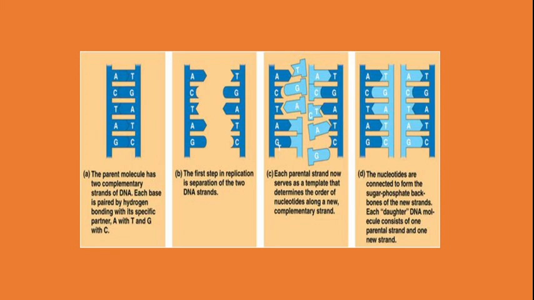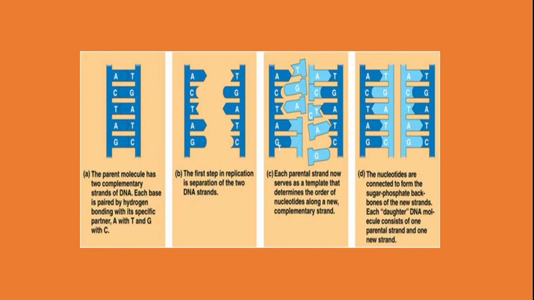Each parental strand now serves as a template that determines the order of nucleotides along a complementary base strand. Our dark blue is going to be our parent templates, and we're going to have our new strands coming in to complementary match our parent strands. The nucleotides are then going to be connected to form the sugar phosphate backbones of the new strands.